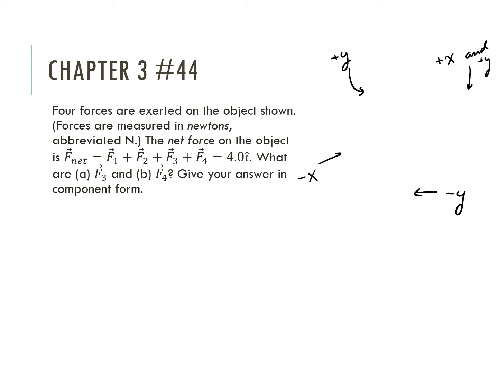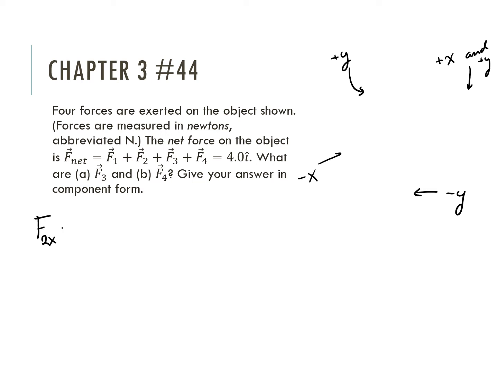So when I'm trying to find the value of my force in a given direction, force 2 has components in x and y. So the first thing I'm going to want to do is figure out my components of force 2.